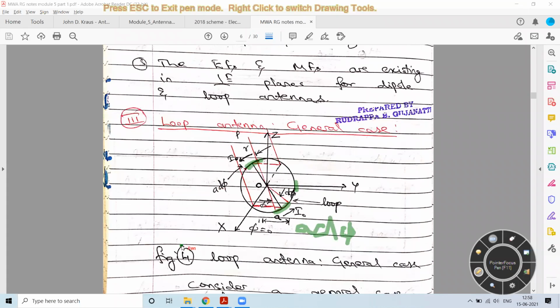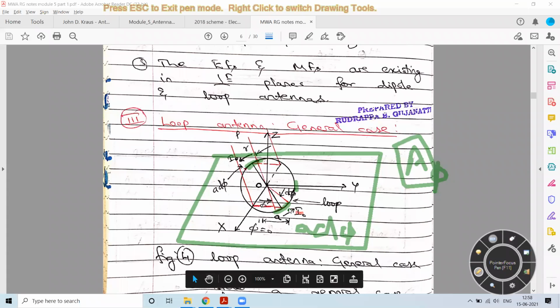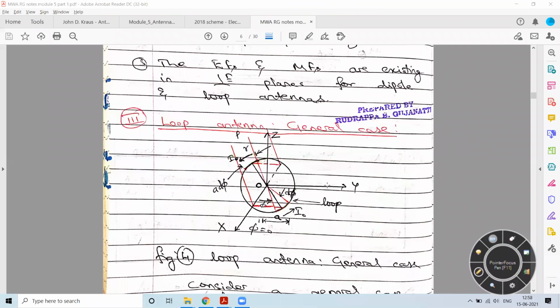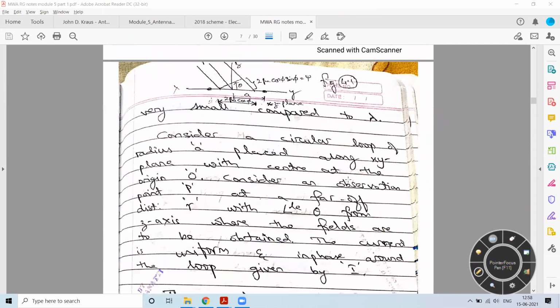Since this entire structure is placed along the xy plane, the vector retarded potential, I'm not considering the area at present, will have only the phi component. Now, since we are considering a small elemental value, this will be the elemental vector retarded potential.